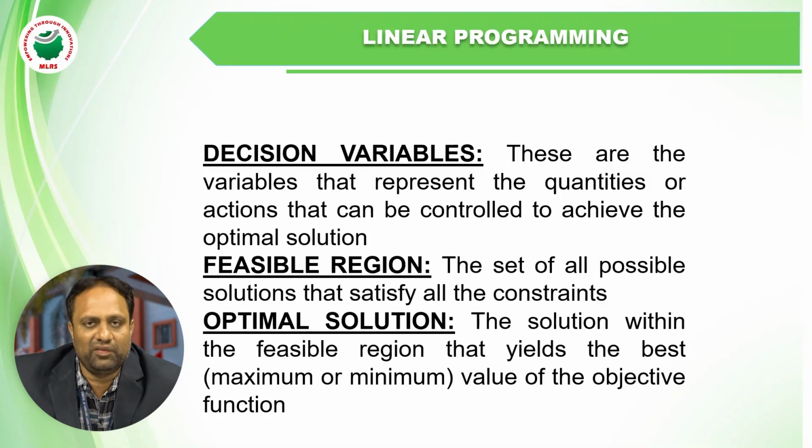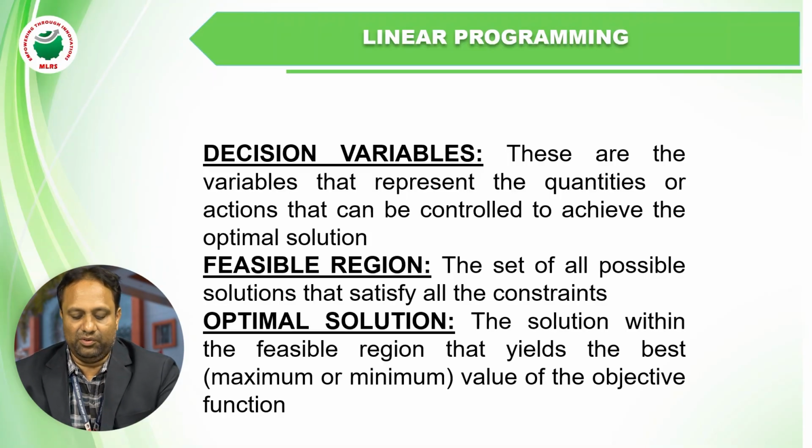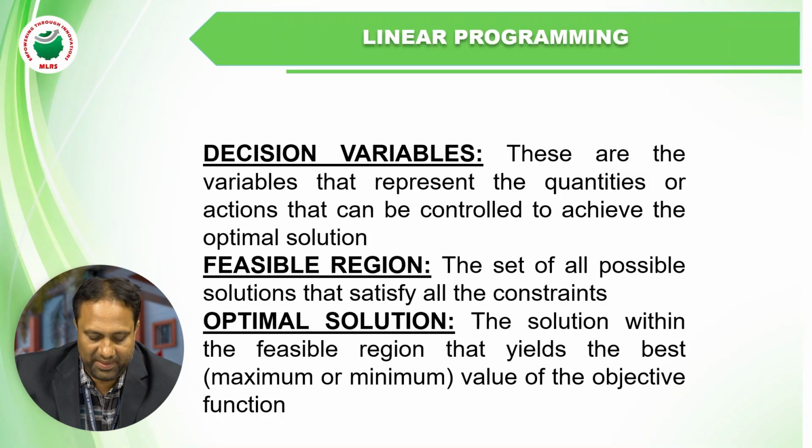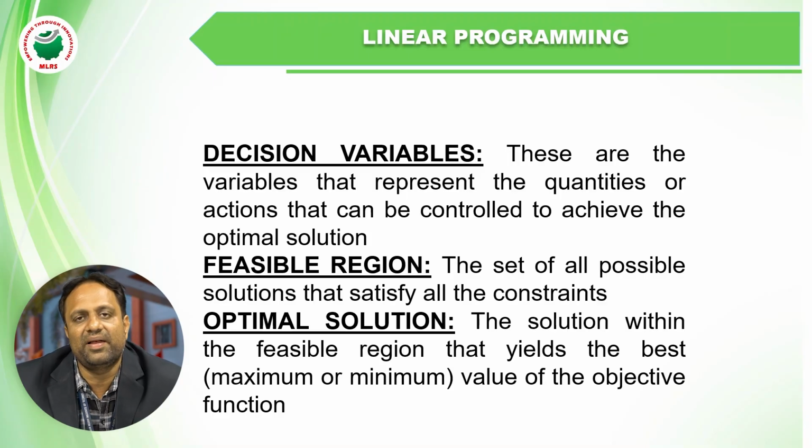And the last one is the optimal solution. The optimal solution is nothing but the solution within the feasible region that yields the best value of the objective function. So here the optimal solution is the best strategy that is going to help achieve the objective of the manufacturer. Here the objective is to maximize the profits and minimize the losses of the manufacturer.